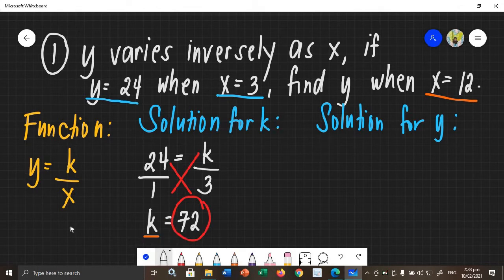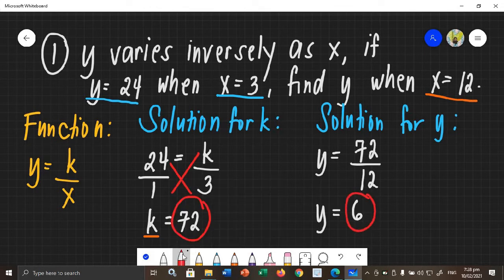So, we have, using the function, again, we have y is equal to k natin is 72 over the second value of x natin is 12. So, 72 over 12, that is equal to 6. Therefore, yun na yung value ng y mo, 6.